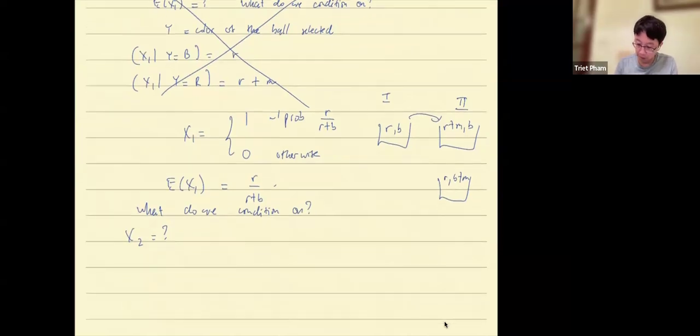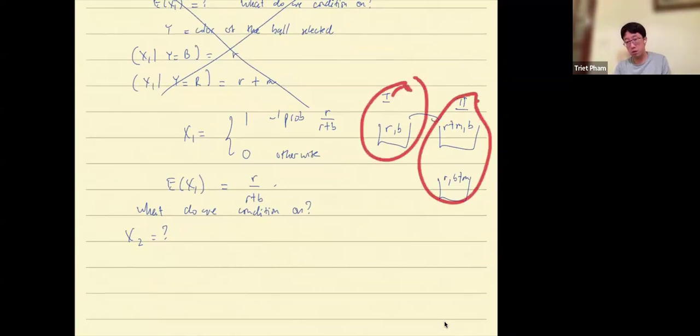Well, the answer is clearly that to decide X2, you want to know what was picked on the first trial.